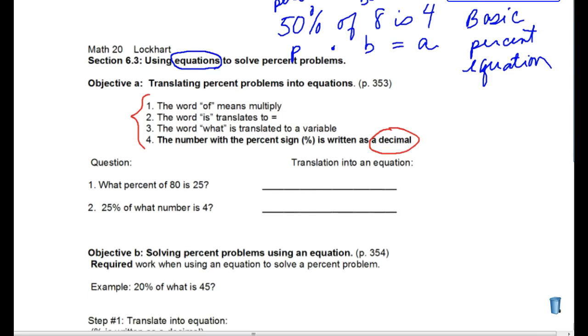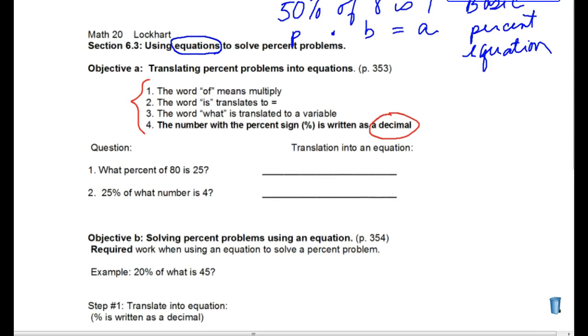So let's take a look at a couple problems here from the first objective. We just want to translate into an equation. We don't want to solve anything. So the question is, what percent of 80 is 25? We're looking for the P for the percent. Of means times.